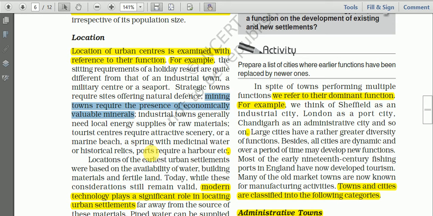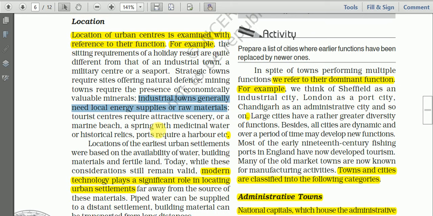Say for the mining town, we cannot locate anywhere. Here in Manipur we cannot locate a mining town because we don't have economically viable resources found in Manipur. And industrial towns generally need local energy supplies or raw materials that I have already mentioned.